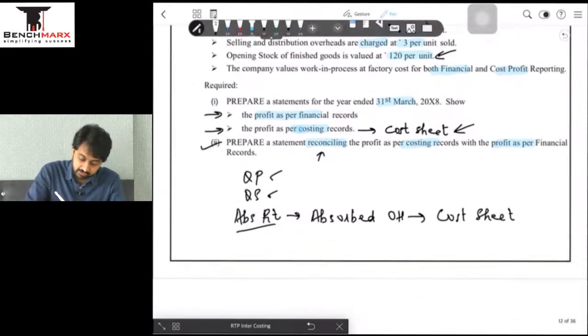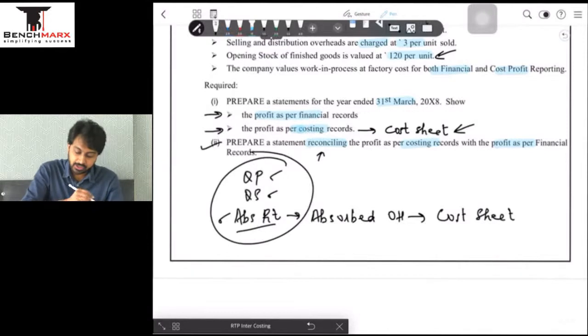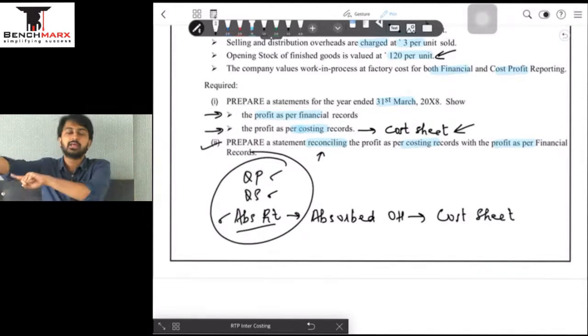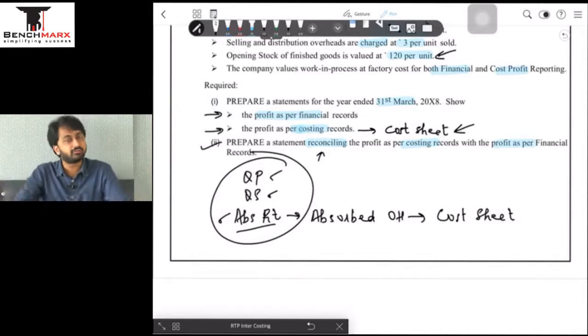Now since I have these three inputs ready, it is now that I can start the preparation of my cost sheet. This will give me costing records ka profits, and finally I will reconcile the costing records ka profit as per financial record ka profits. Clear about the sum ka structure and the thinking pattern? Yes, hopefully. Now we will start by preparing the cost sheet.